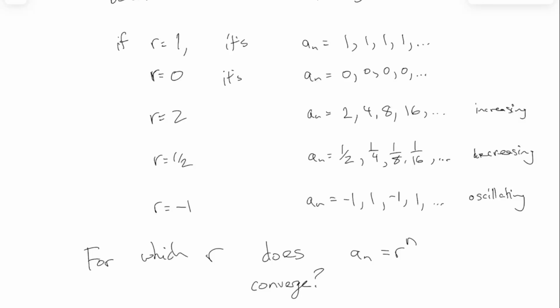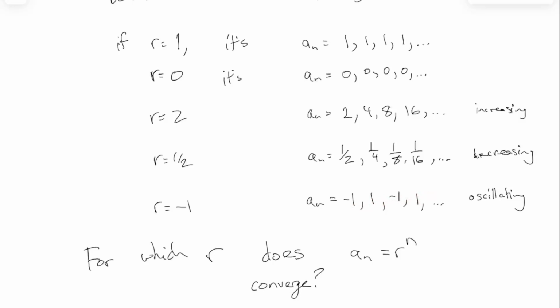Of the ones that I see here, many of them do converge. This one here does converge. These values are just 1 forever, so it converges to 1. This one converges to 0. This one diverges because these numbers get bigger and bigger forever. This one converges. Can anyone say what does this converge to? Converges to 0, right? This one does not converge because it oscillates.